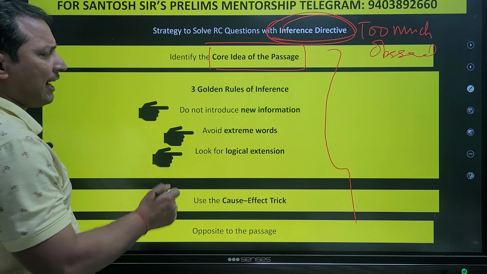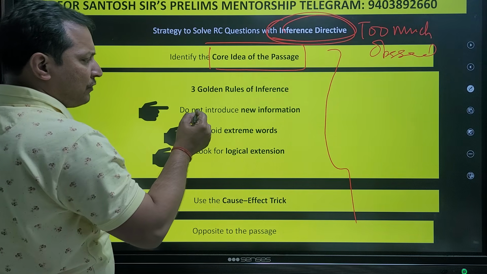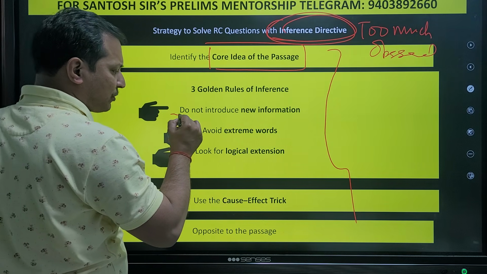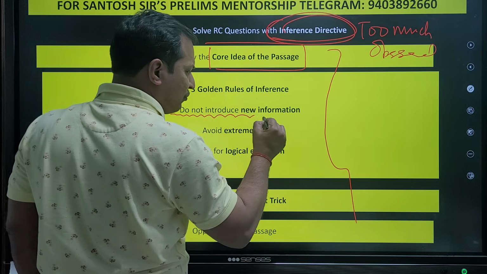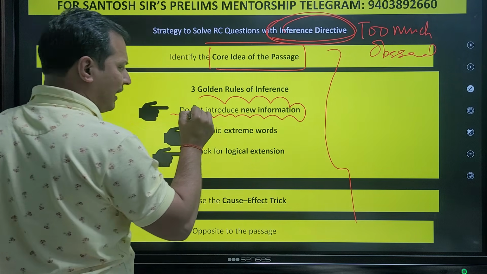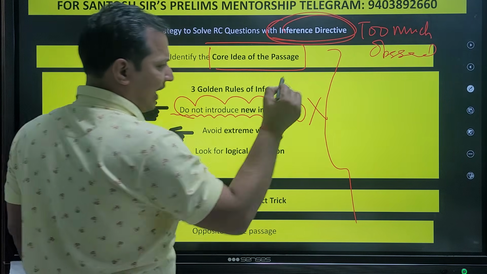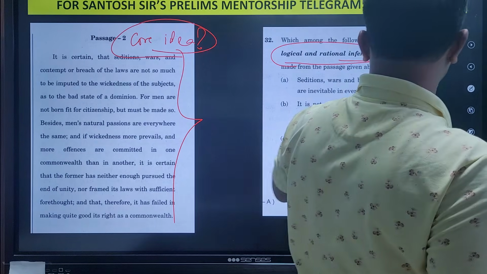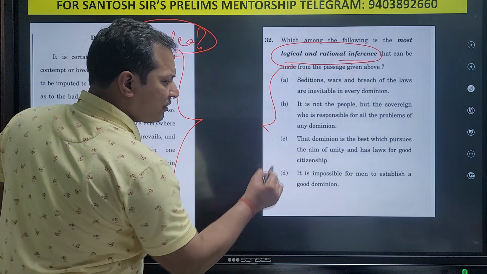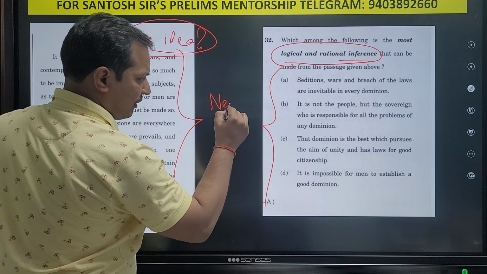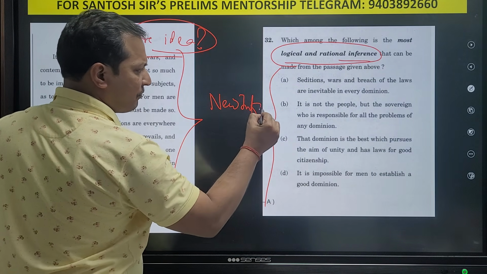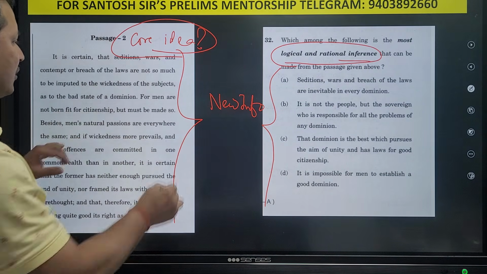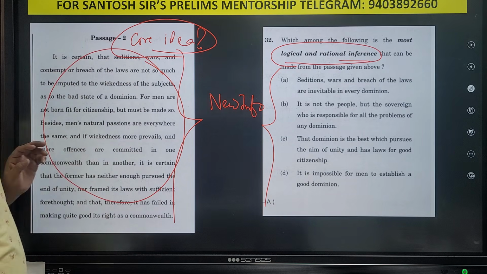Then, first see those options which are introducing new information which is not there in the passage, and eliminate them. New information is that which is not mentioned in the passage.